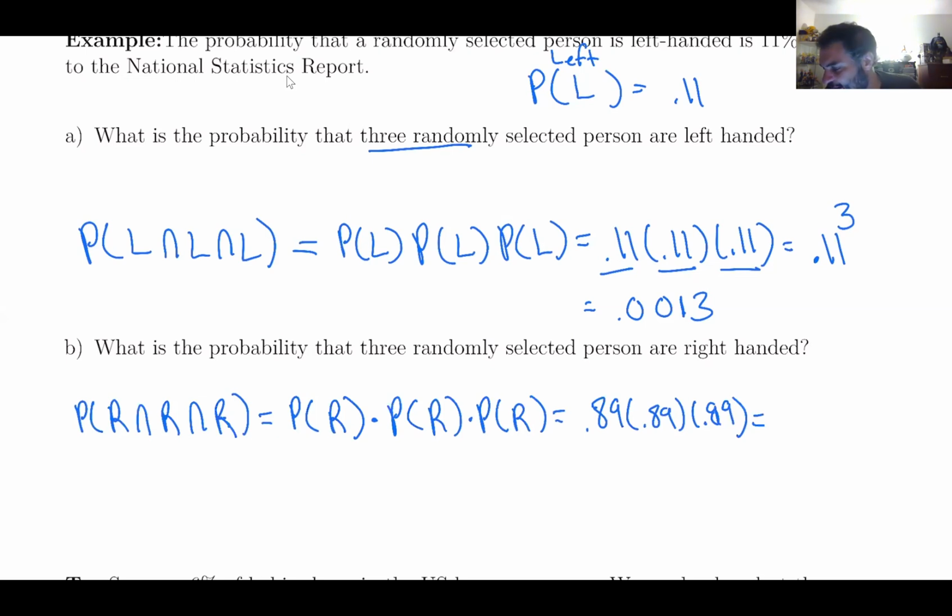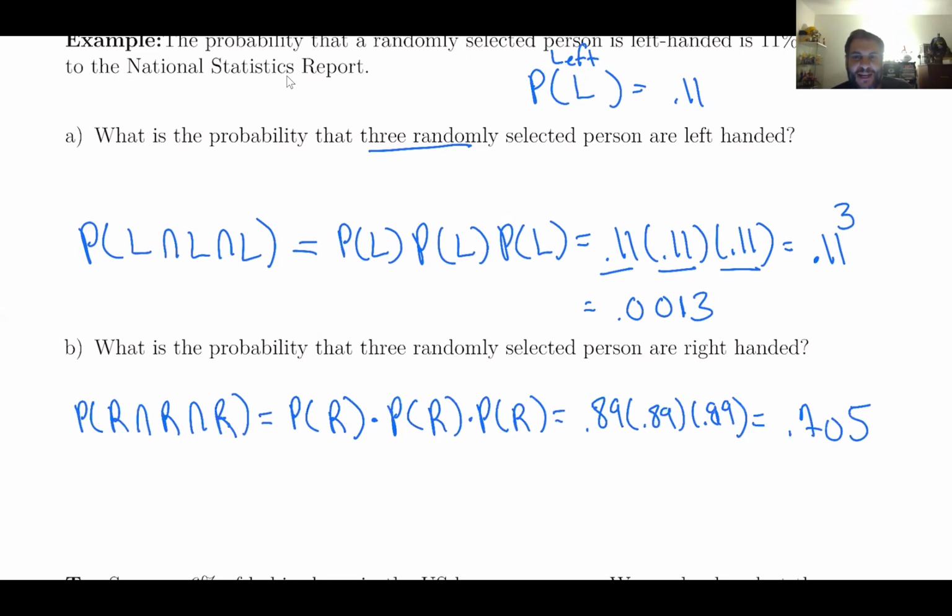So let's do 0.89 all to the third power. And you get 0.705. All right, and that's it for B.